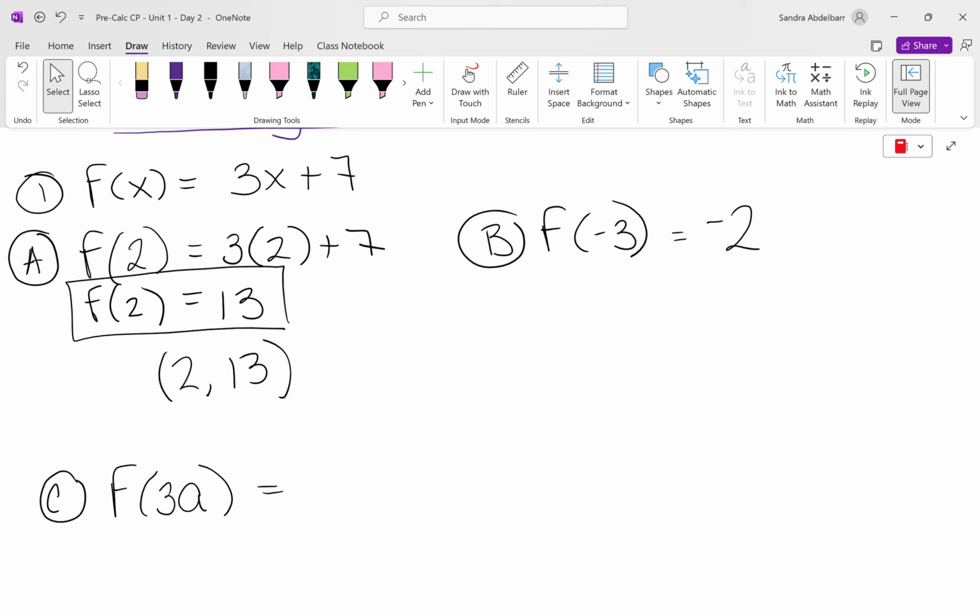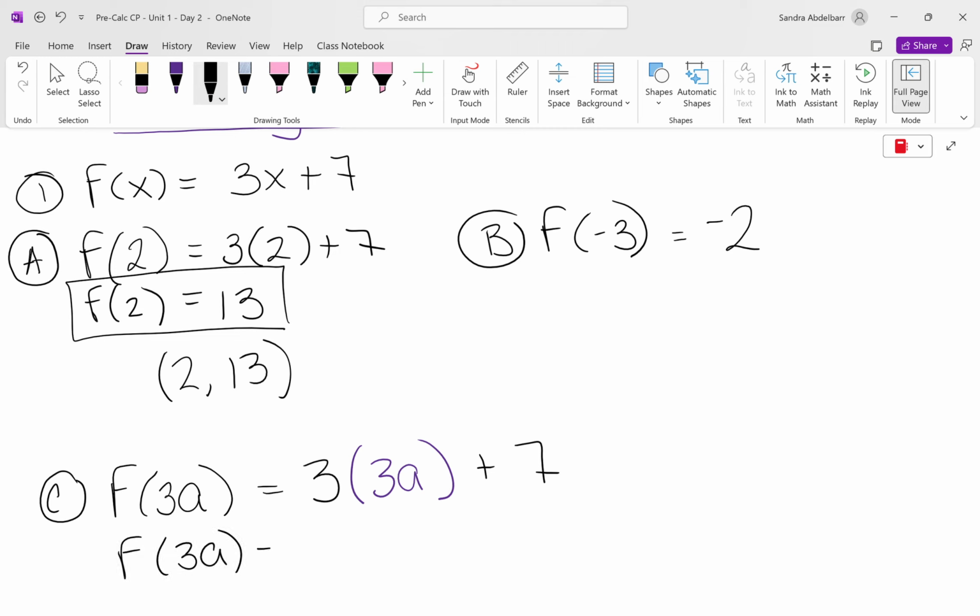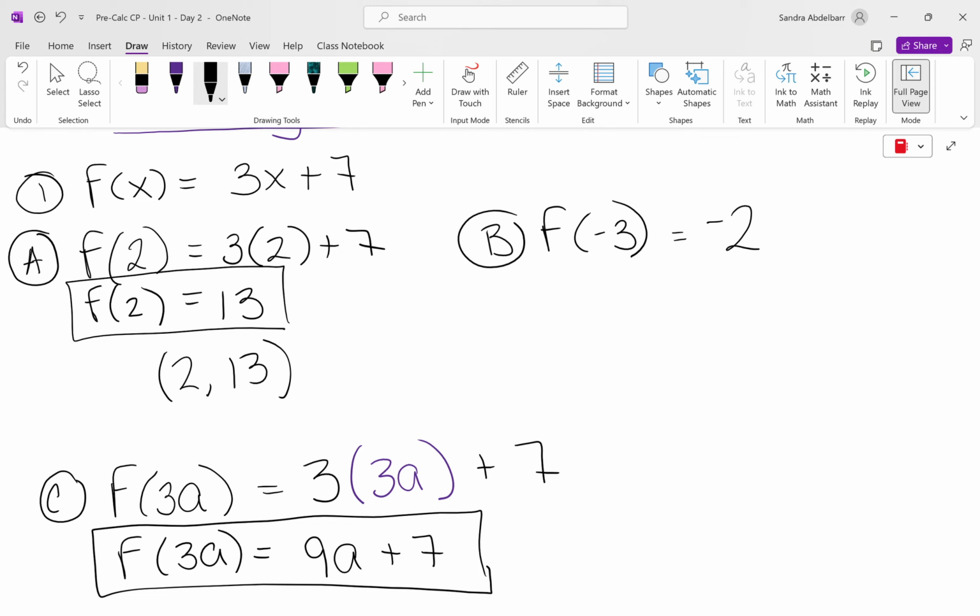So wherever I see x, I'm substituting in a 3a, which is completely fine. So this is going to be 3 times 3a plus 7, and then we simplify down. F of 3a is going to equal 3 times 3a, which is 9a, plus 7. So f of 3a is equal to 9a plus 7.